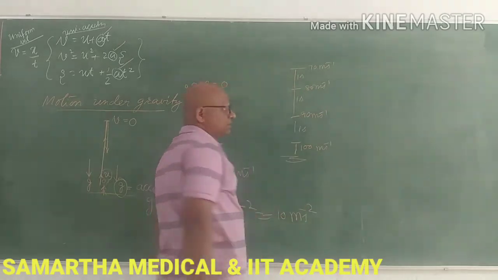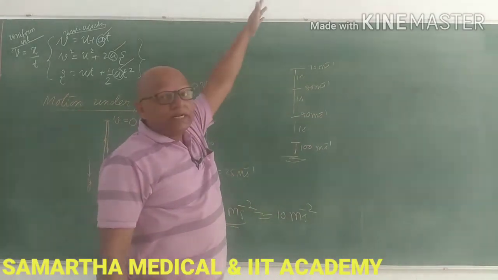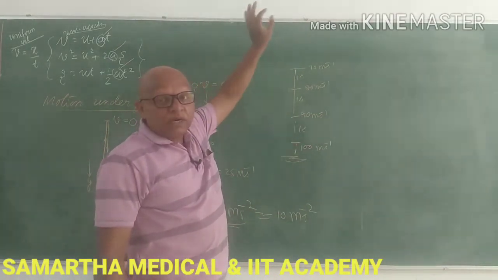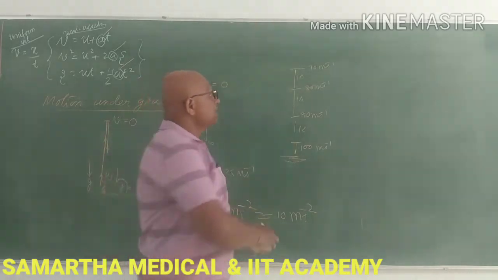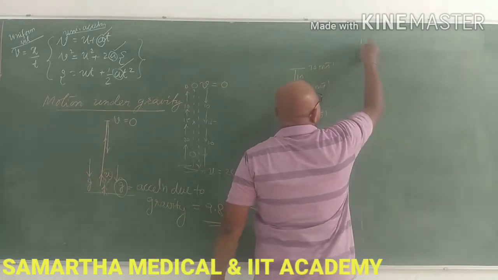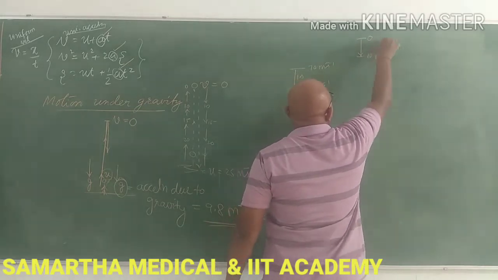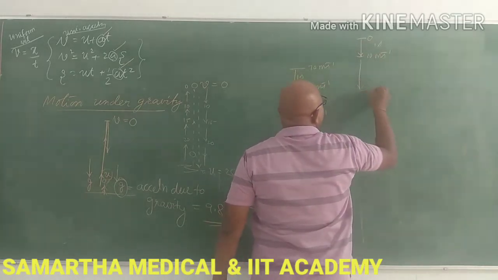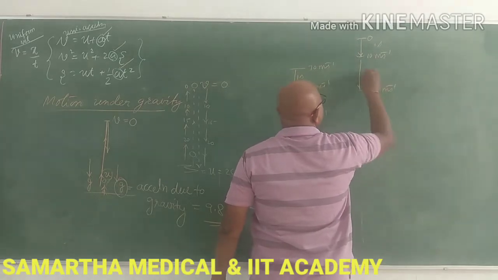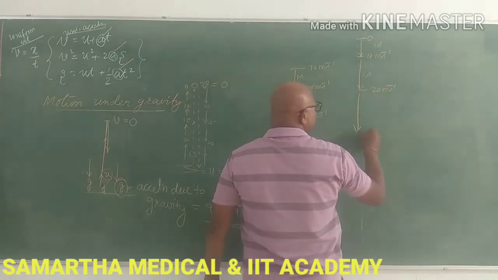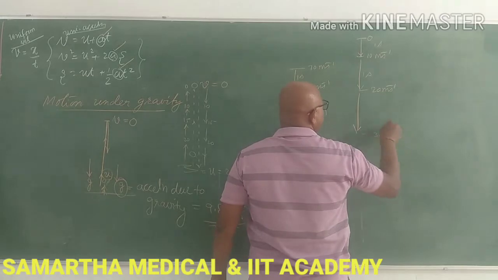So on it goes. And it goes to a certain height where its velocity will be 0. Afterwards, when it starts coming back, its velocity starts from 0. It becomes 10 meter per second in 1 second. Its velocity will become 20 meter per second in the next second. Its velocity will become 30 meter per second in the next second.